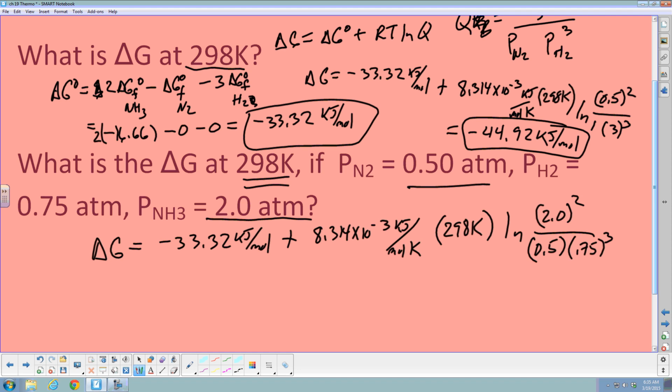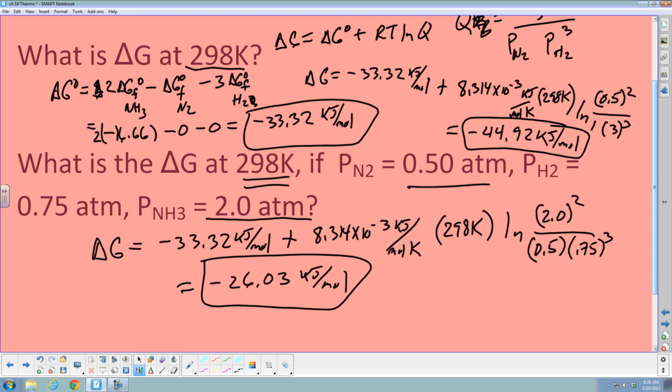Take the natural log of that, which gives me 2.9, times 298 times 8.314 times 10 to the minus third. That gives me a positive 7.29, plus the -33.32, and I get -26.3 kilojoules per mole.